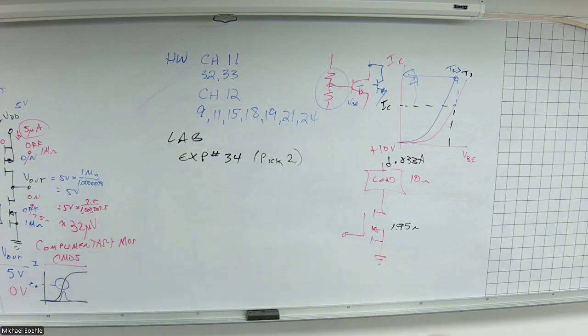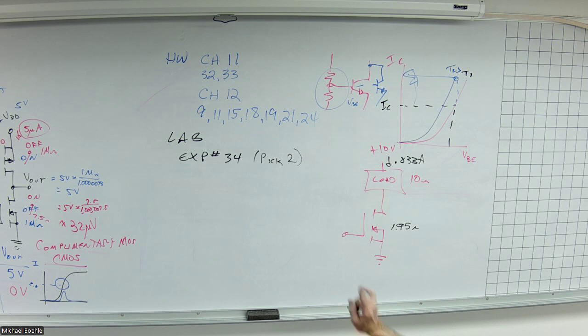So for experiment number 34, you can build an analog switch, a JFET chopper, a voltage variable resistance, or an AGC circuit.